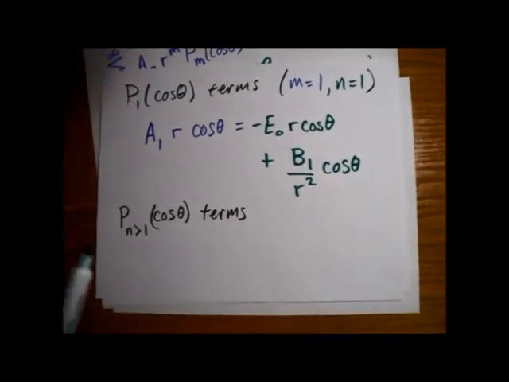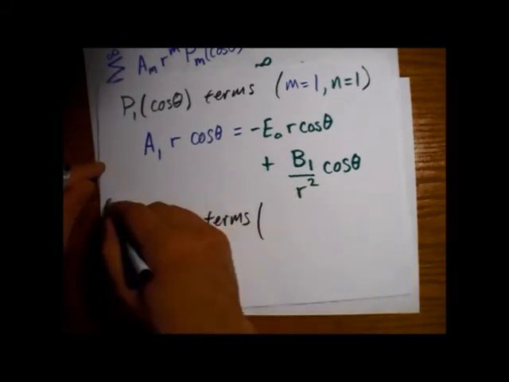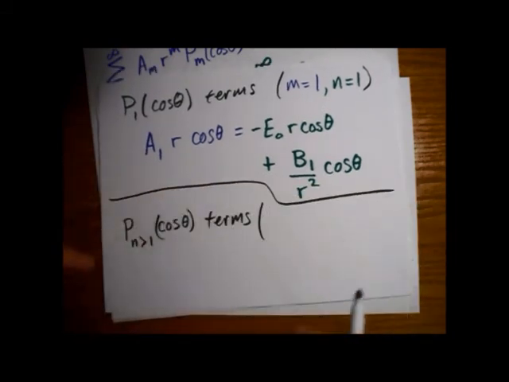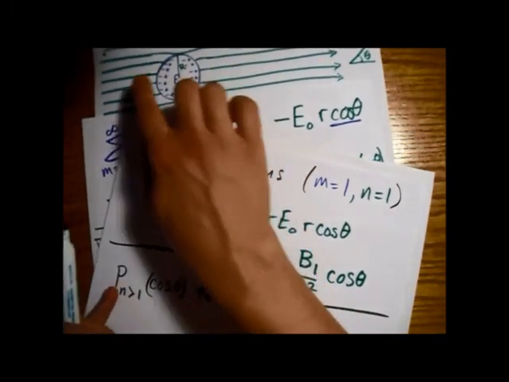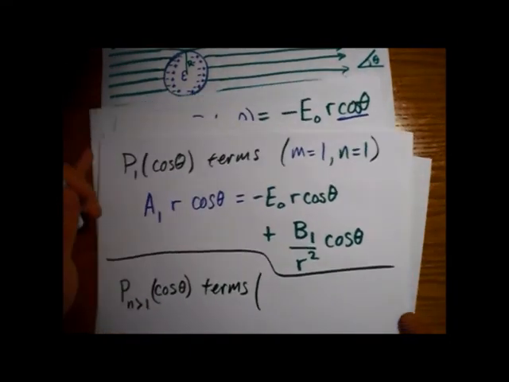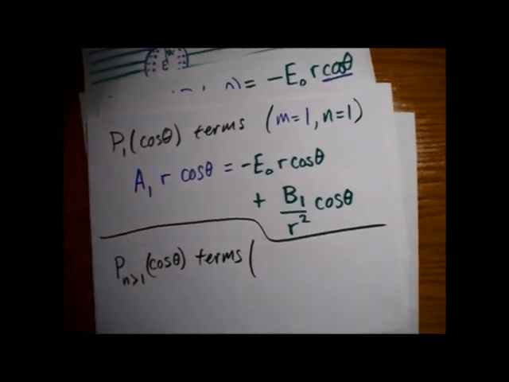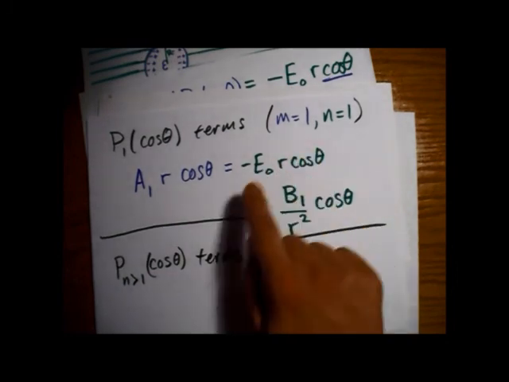Okay. And all right, I'm going to draw just a line between these two so we keep these two cases separate. And again, the reason we're separating this out is just because of this electric field here. Okay, and that gives us this term.